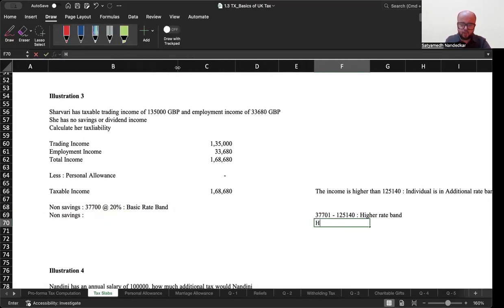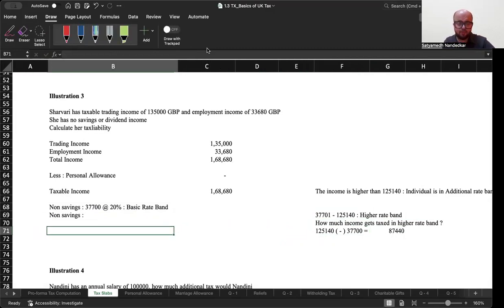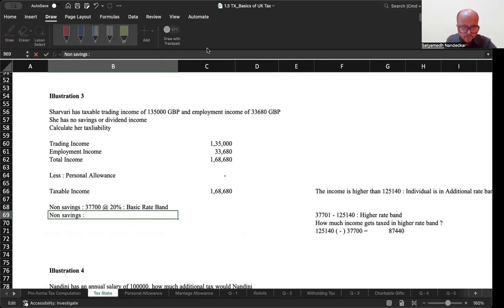So the question is, how much income gets taxed in the higher rate band? Basically 125,140 minus 37,700 gets taxed in the higher rate band, which is 87,440. So this is 87,440 at the rate of 40%, higher rate band.